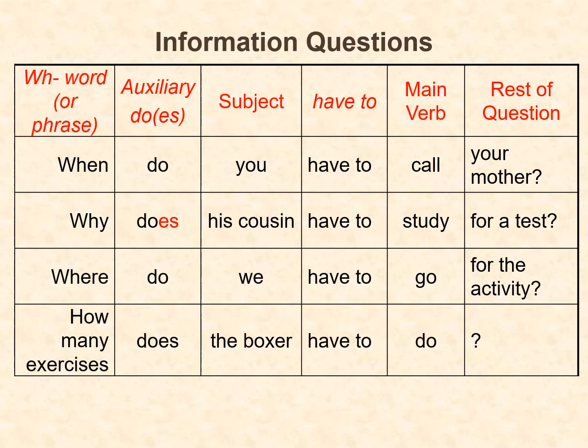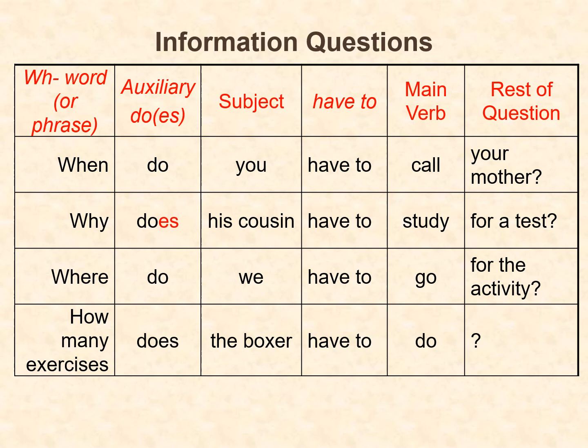Forming information questions with have to is similar to forming yes no questions. But in information questions, we need a question word like when, where, why, or sometimes we get a phrase like how many, what followed by a noun such as what book.